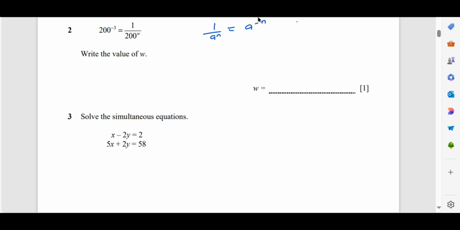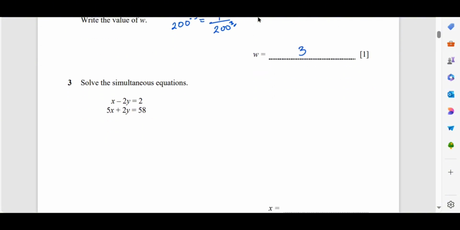So if you write this expression in fractional index, you are going to have that 200 raised to power -3 is going to give you 1 over 200 raised to power 3. Of course, they don't want you to leave your answer in this form. They just ask you to find the value of the W here. So the W here, if you look at it, is equivalent to 3. So that will give you 3 here. All right, so that's that.